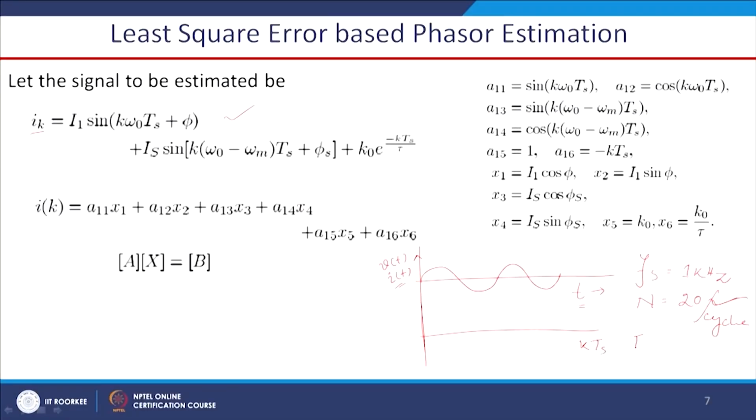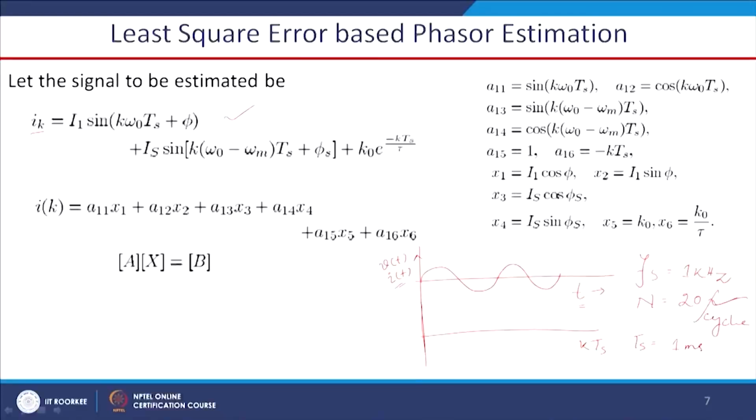This capital Ts is nothing but the sampling time interval. So, at what interval we are picking one sample from the analog signal, here it is 1 millisecond, because this is basically 1 upon 1 kilohertz. After 1 millisecond we will catch one sample from the ADC, that is the analog to digital converter.